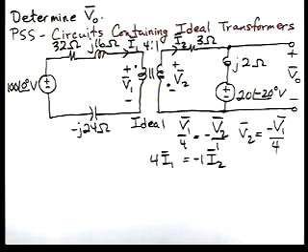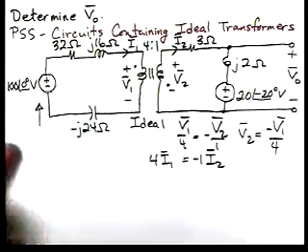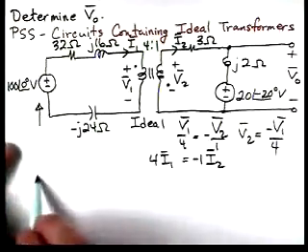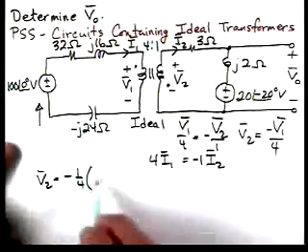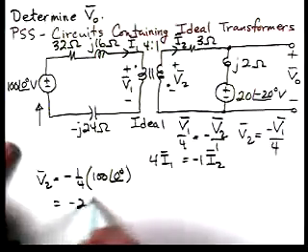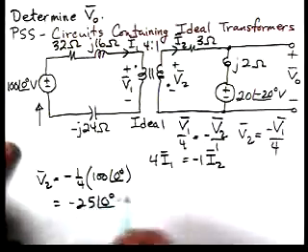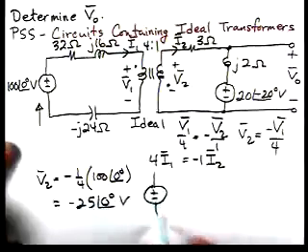Well, if we look at our voltage source up here, that's 100 at an angle of 0. So if we take that 100 at an angle of 0 and multiply it by minus 1/4, we'll get minus 25 at an angle of 0, and we'd have a source polarized like that.